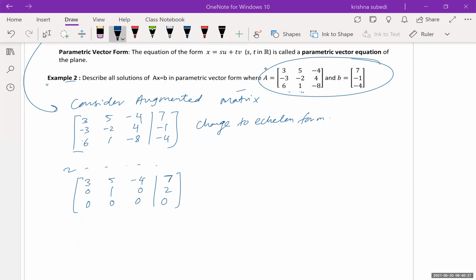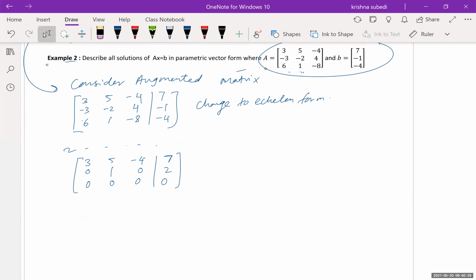Okay, so now let's try. So the general solution is 3x1, you know that this is your x1, this is x2, x3, and that is the constant.